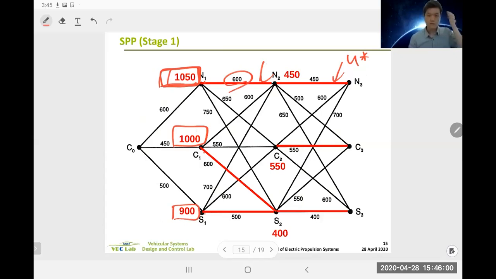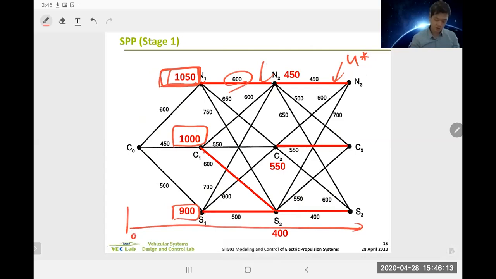And now it's time to solve the entire problem, which is stage 0 to 3. So now you have 600, 450, 500.